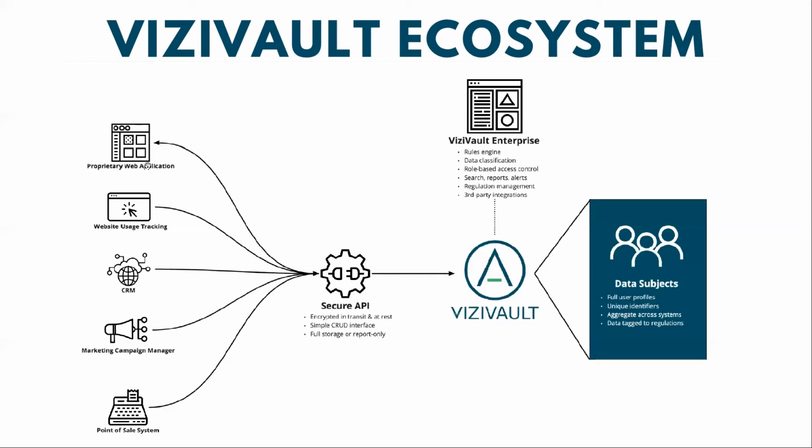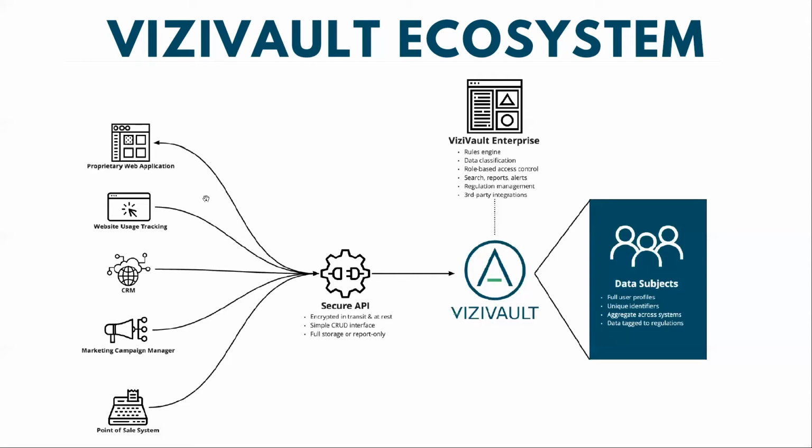The proprietary web application or other type of application that leverages personal information is the primary use case here. And you can see some other example systems: website tracking usage, a CRM, right? Every organization essentially has a CRM, marketing campaign manager, point of sale systems. These are just example systems that an organization may have that use personal information.